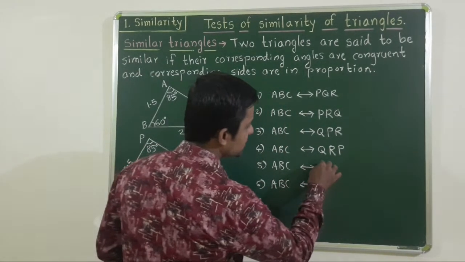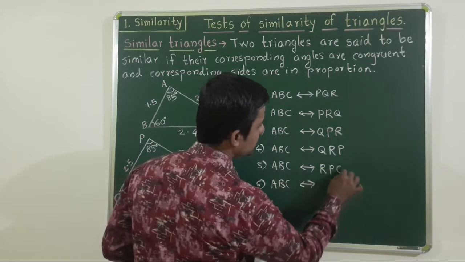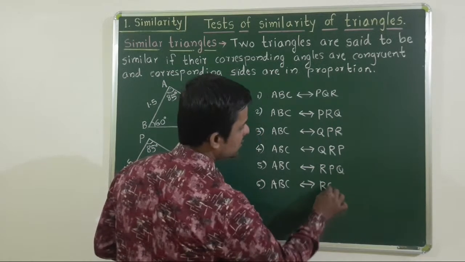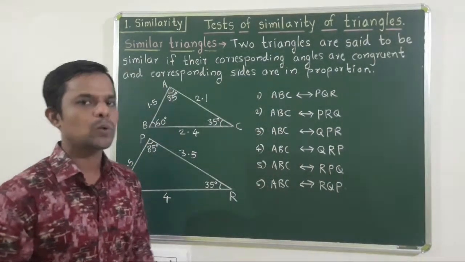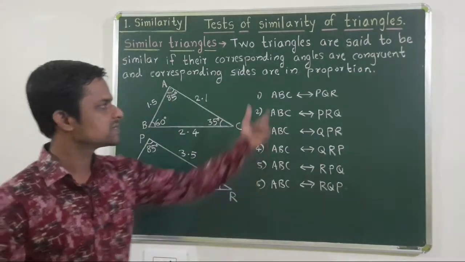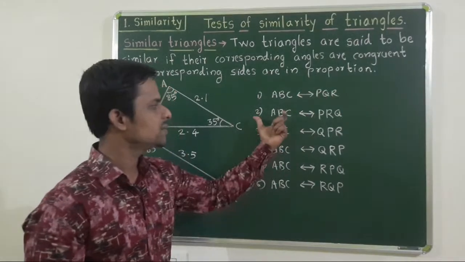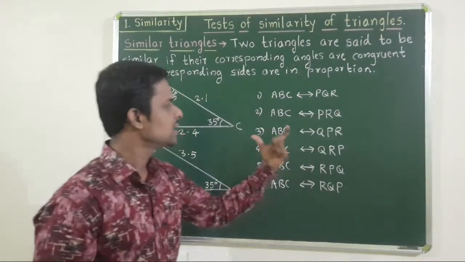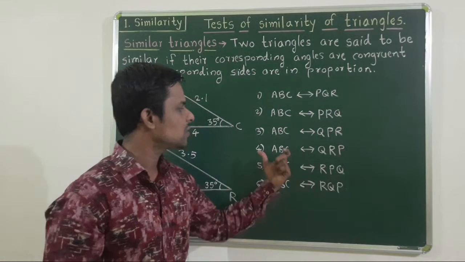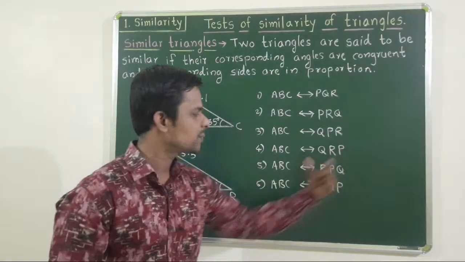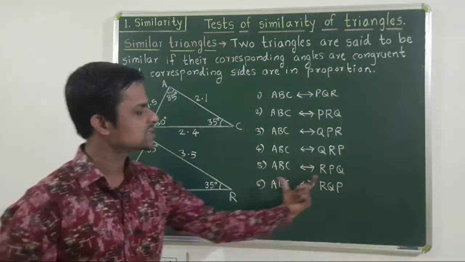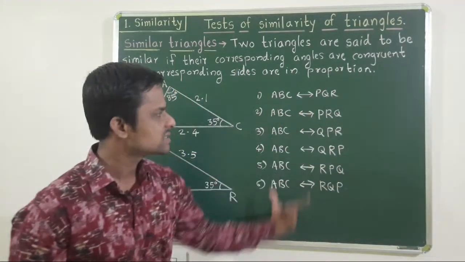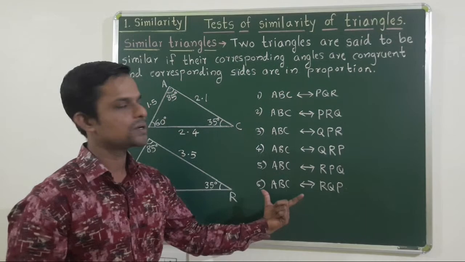Now the first letter is R: R, P, Q and R, Q, P. These are the 6 different ways to write correspondence between vertices: ABC corresponds to PQR, ABC corresponds to PRQ, ABC corresponds to QPR, ABC corresponds to QRP, ABC corresponds to RPQ and ABC corresponds to RQP. In 6 different ways we can write correspondence.